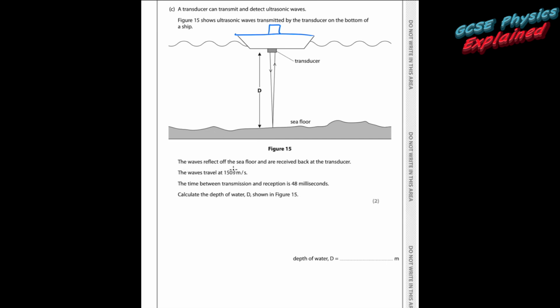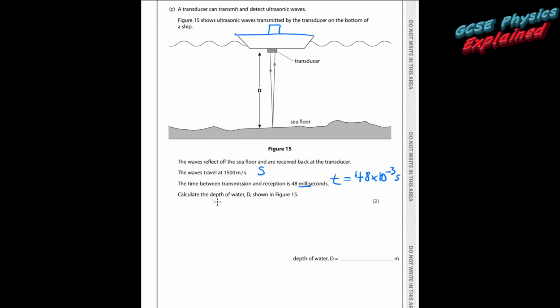The waves reflect off the sea floor and are received back at the transducer. The waves travel at 1,500 meters per second, so that's the speed. The time between transmission and reception is 48 milliseconds, so that's the time. I'd better convert that into seconds, so that's 48 times 10 to the minus 3 seconds, because milli is 1,000th.